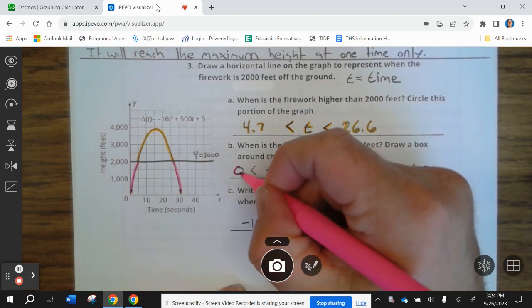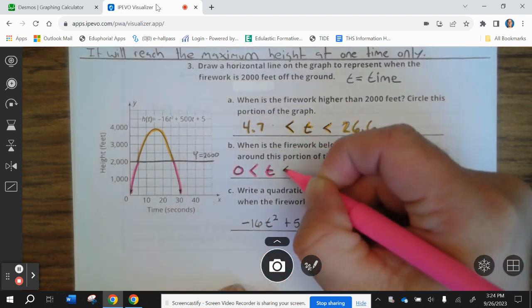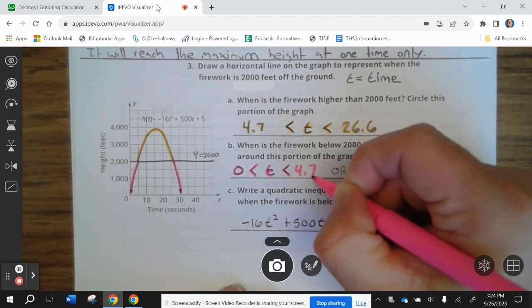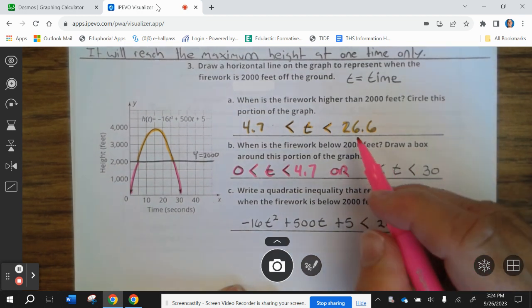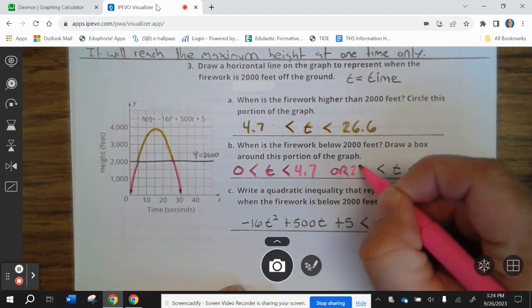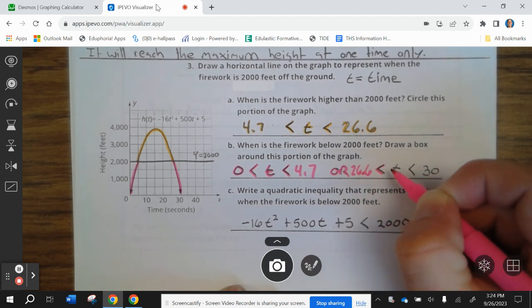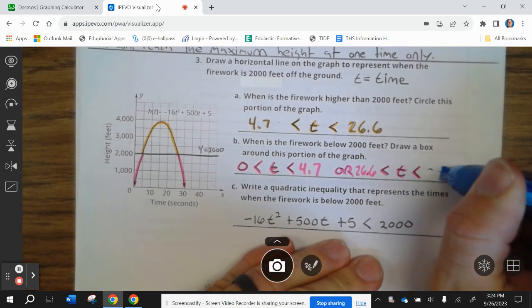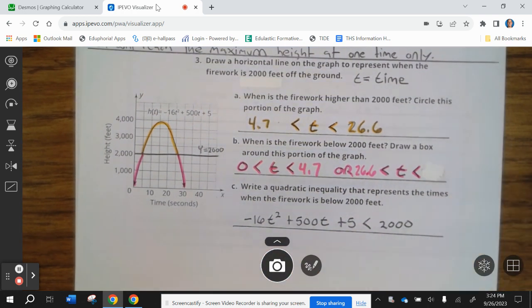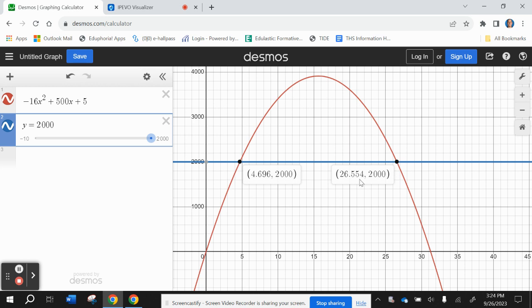So it's 0 to 4.7, or it's from 26.6 to, and I believe that number is off just slightly, but let's double check. It hits the ground right here at 31.3.